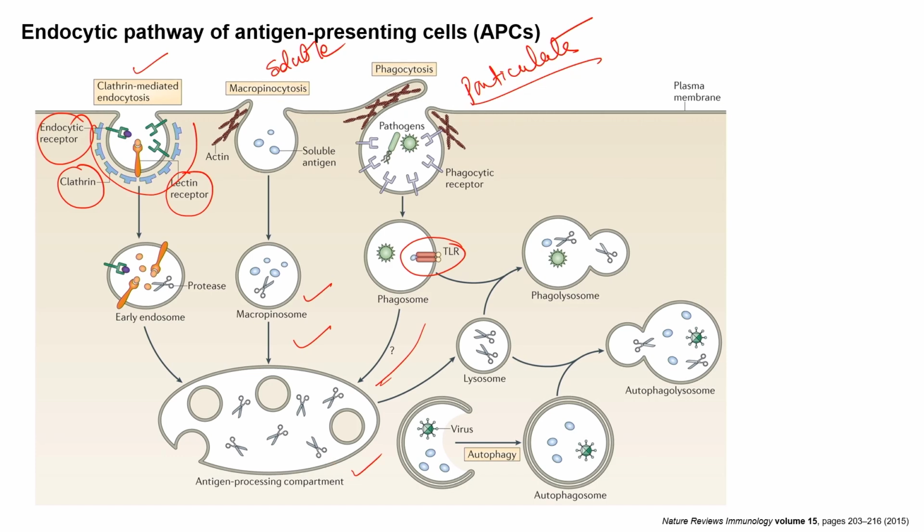In addition, there is another pathway which we have discussed in the past called autophagy, which can lead to the self-degradation of cellular content because there is a requirement by the cell, because the environment of the cell is not conducive.